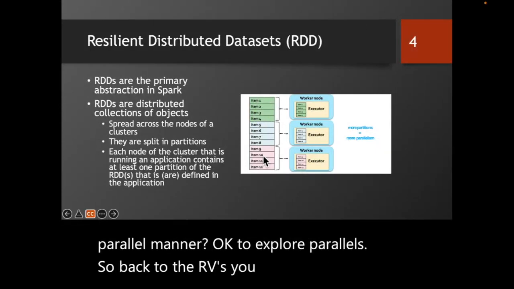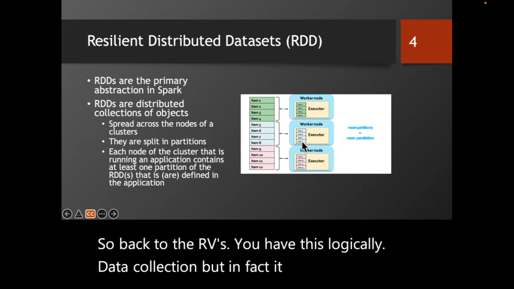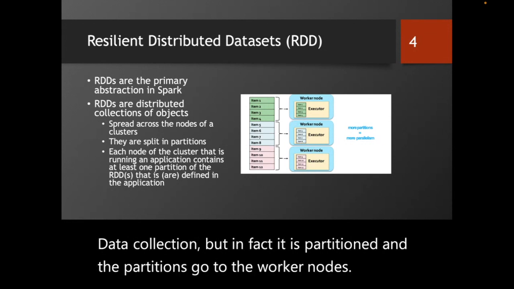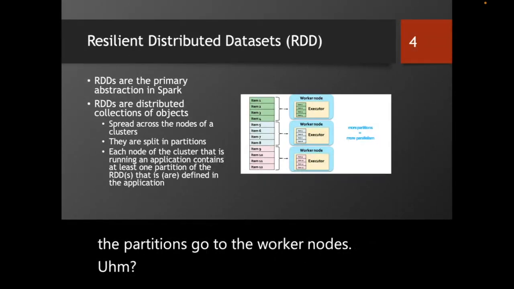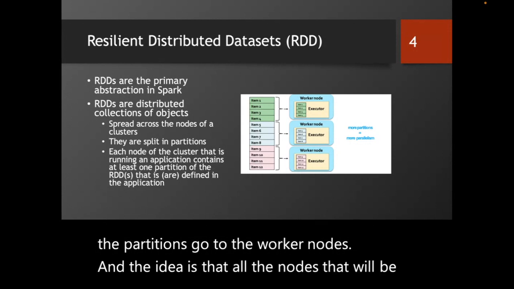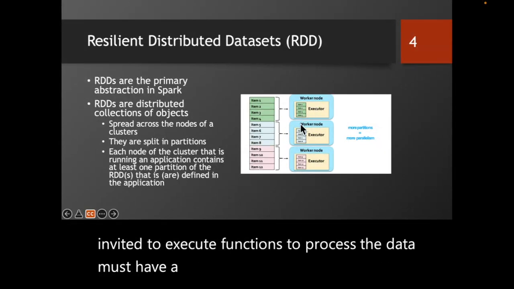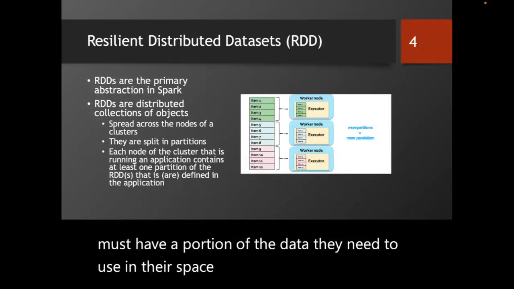Okay, so back to the RDDs, you have this logical data collection, but in fact it is partitioned, and the partitions go to the worker nodes. And the idea is that all the nodes that will be invited to execute functions, to process the data, must have a portion of the data they need to use in their space.